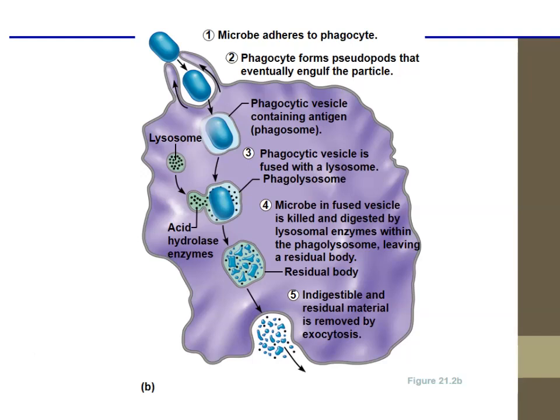And sometimes this waste is in the form of a protein fragment. If the phagocyte is acting as an APC, it will display a piece of that digested protein on the surface of its cell, which then will attract a T cell to come around and bind to it and activate it. You're not going to get any activation until something is bound.